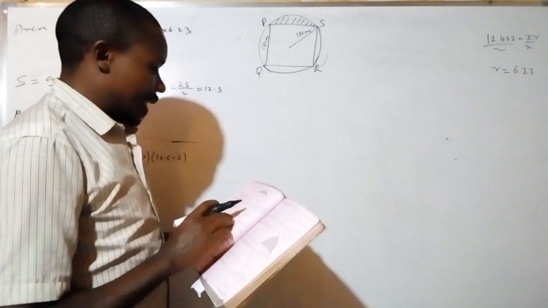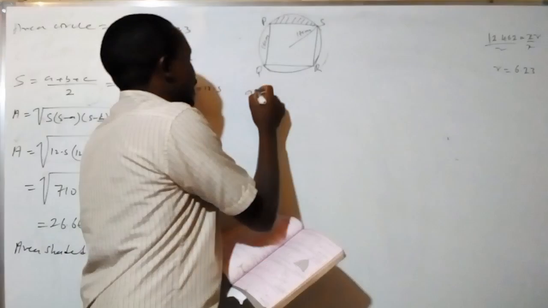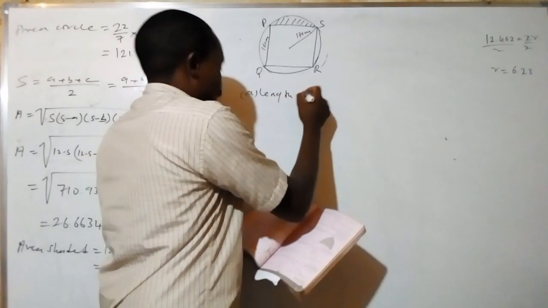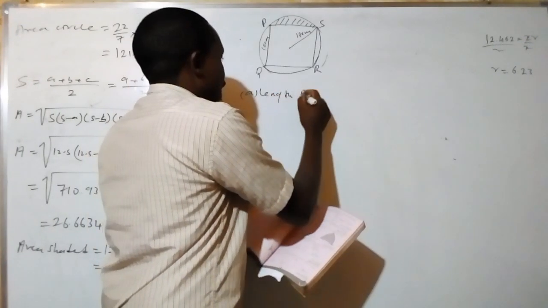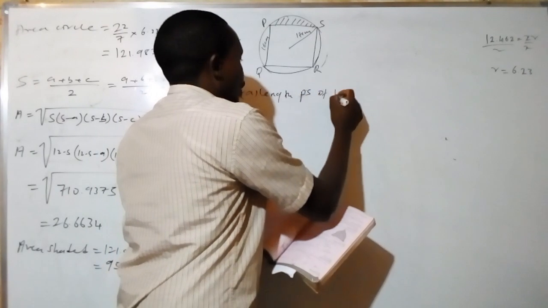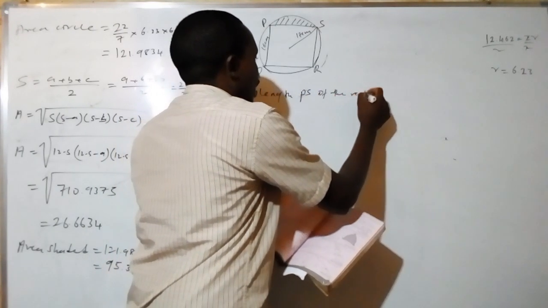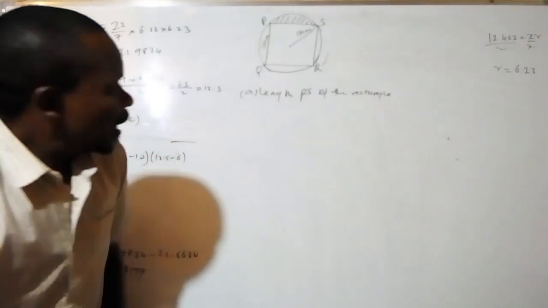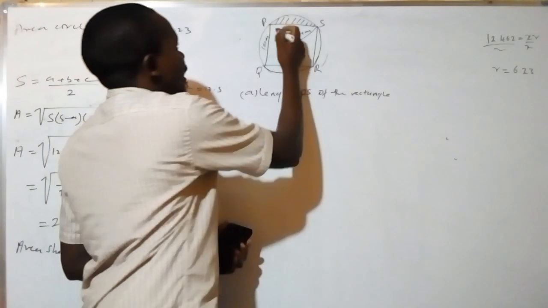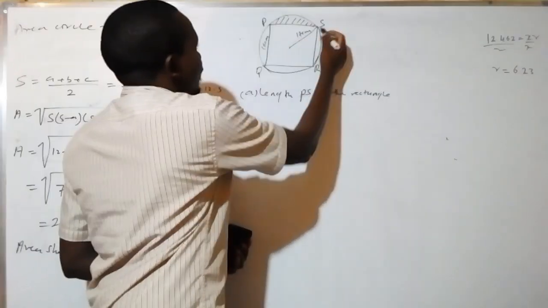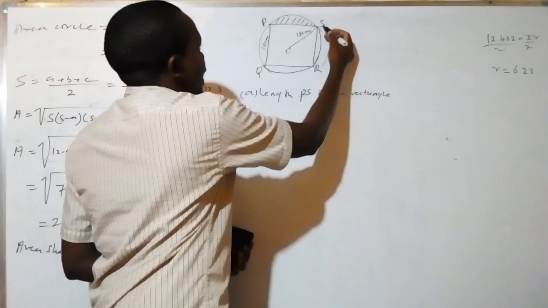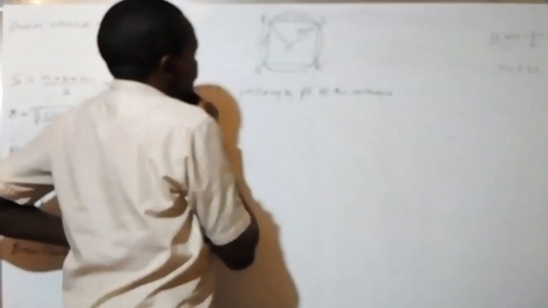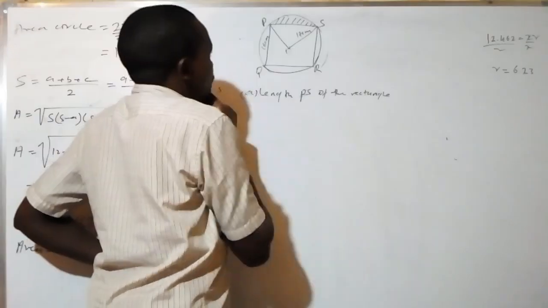Calculate the length PS of the rectangle, this length here. OS is supposed to be the same as PO, and the examiner wants us to compute PS.